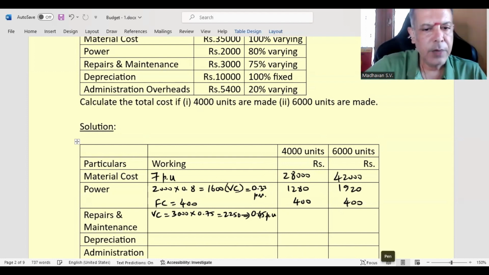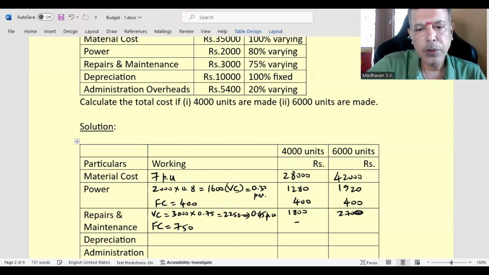This is per unit, which means 0.45 into 4,000 for the first one, 1,800. Here 0.45 into 6,000, we get 2,700. So here fixed cost will be 3,000 minus 2,250. So you get 750. So both places we will write 750.